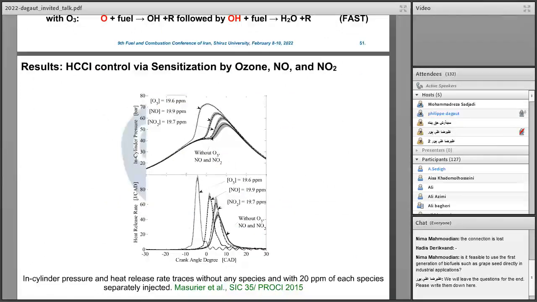We did similar experiments with other oxidizers, NO and NO2, and what we could observe is that the effect of ozone is much higher than that of NO, which is higher than that of NO2.